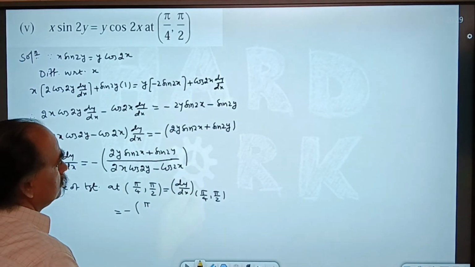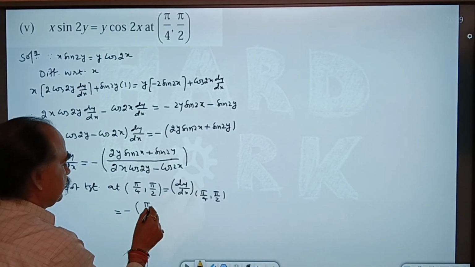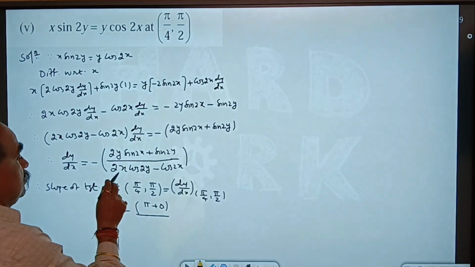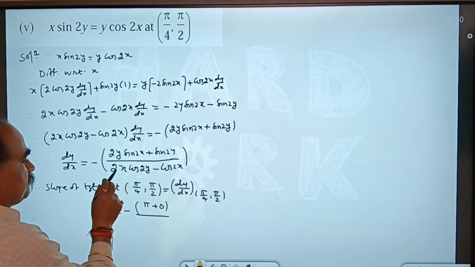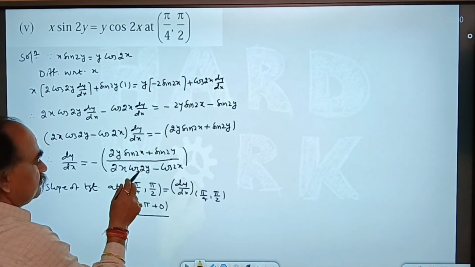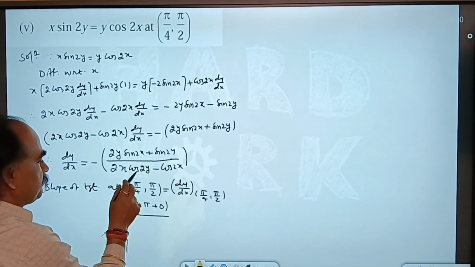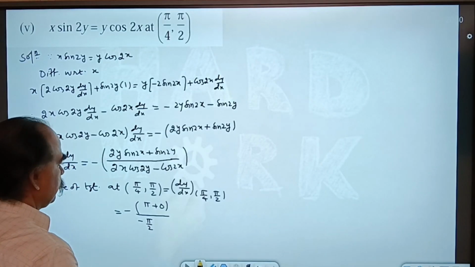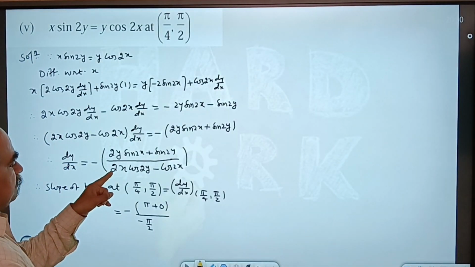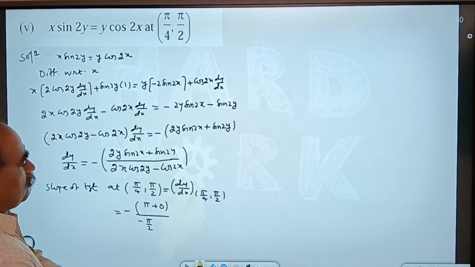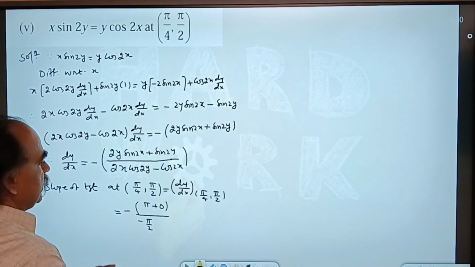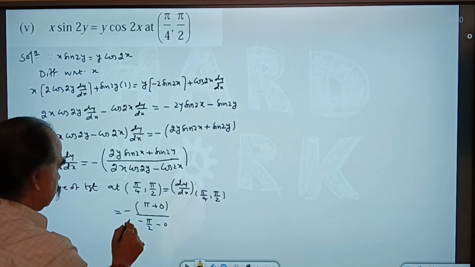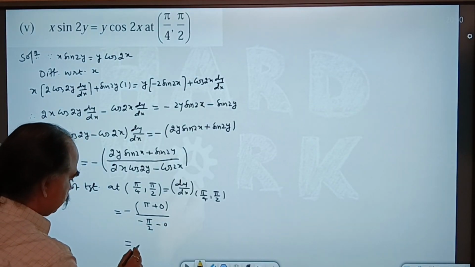Sine 2 into pi by 4 is sine pi by 2, which is 1. Cos 2 into pi by 2 is cos pi, which is minus 1. Cos 2 into pi by 4 is cos pi by 2, which is 0. Pi will get cancelled. It will give you plus 2.